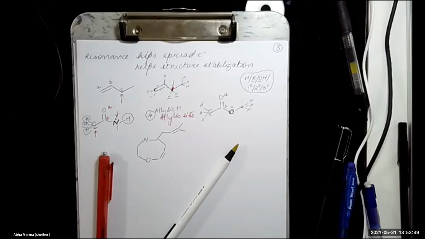Okay, I'm going to start the poll now. Looking at this structure, how many allylic hydrogens are there in this molecule?